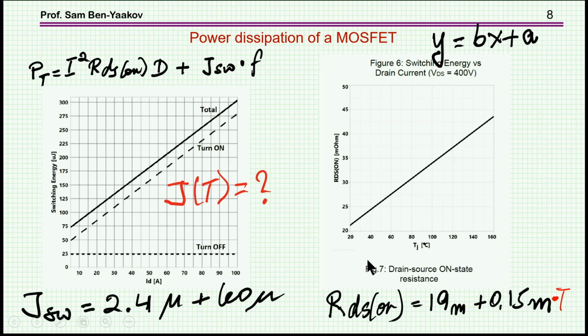However, current through RDS(on) is not the only source of power dissipation in the transistor. In fact, in many applications, this could be the smallest part. Another part is the switching losses. The switching losses depend on many things, on the voltage, on the current.